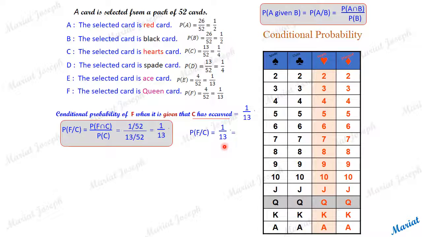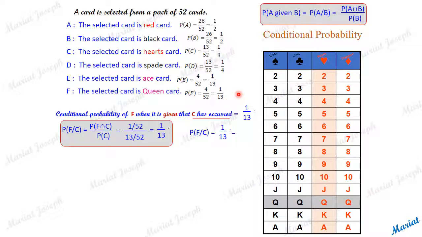One more additional piece of information about it. Sometimes the probability of an event, say in this case the probability of F, is calculated. We were calculating the probability of F only, but we did that under the information that C has happened. That is why it became conditional probability. Otherwise, this event F had a simple probability also.